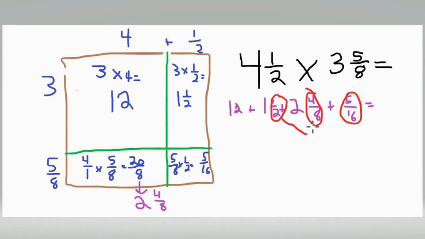So that is equal to 1/2 plus 4/8, which is another half, is equal to 1 5/16. And then we have to add our other whole numbers. So we got 12 plus 1, that's 13, plus 2 more is 15. So now we have 15 plus 1 5/16, which is a total of 16 5/16.